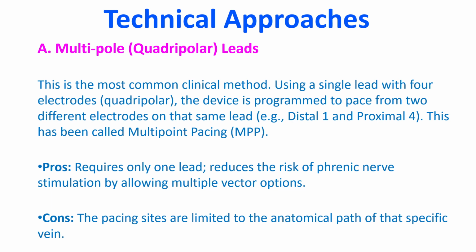This has been called multi-point pacing, MPP. Advantage is that it requires only one lead, and reduces the risk of phrenic nerve stimulation by allowing multiple vector options. Downside is the pacing sites are limited to the anatomical path of that specific vein.